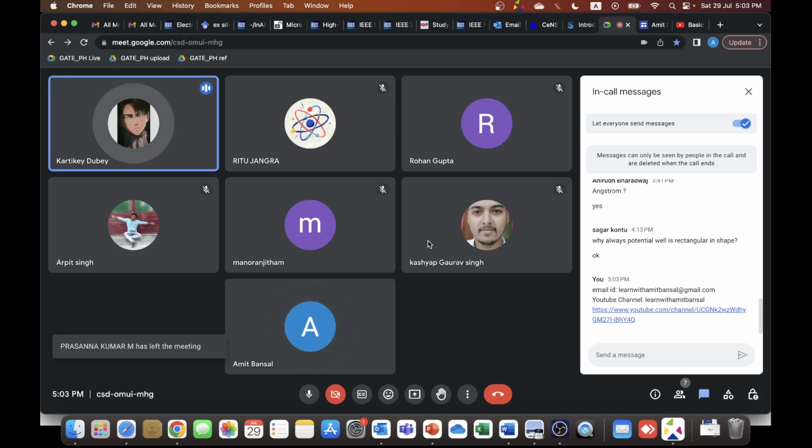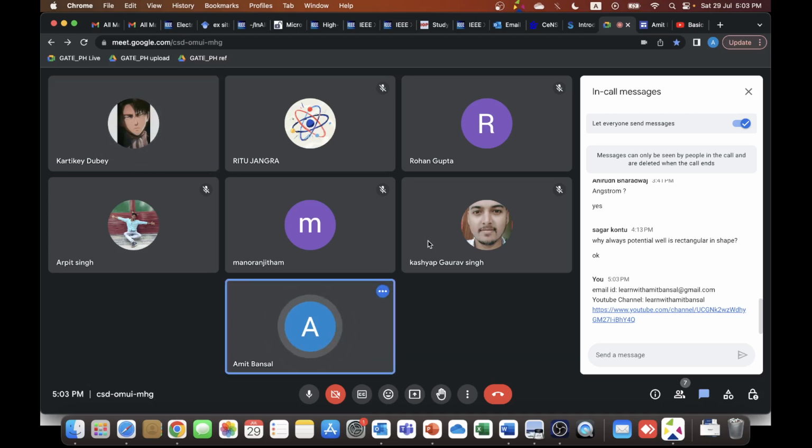What is the difference between h and h cross? It's only a difference of mathematics. H cross is nothing but h over 2 pi. 2 pi is a number which keeps on coming, for example circumference is 2 pi r.